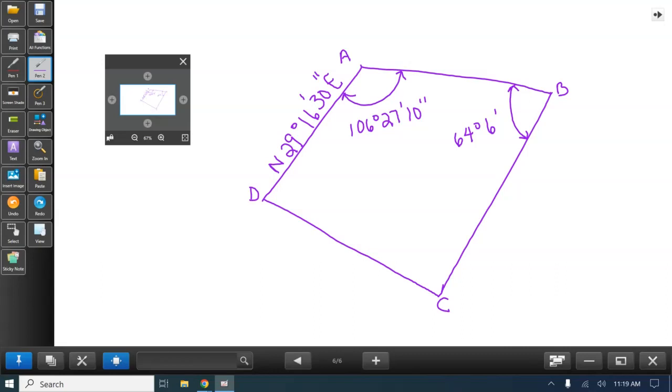And we're going to be looking for bearings on all the lines. Got to get the last two angles back.